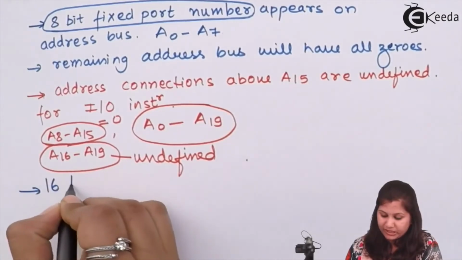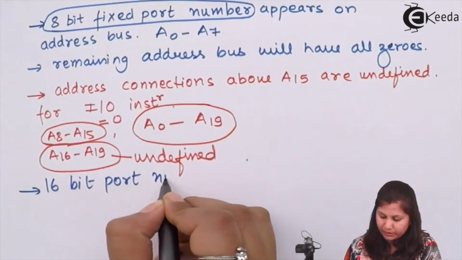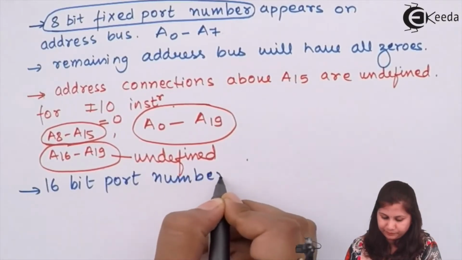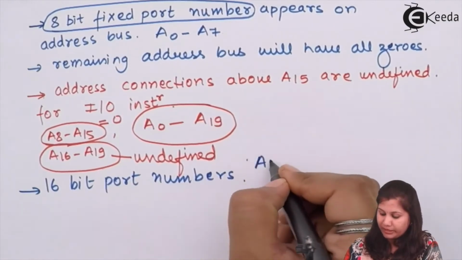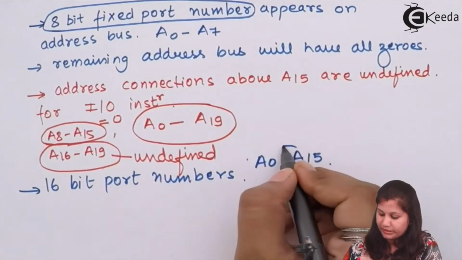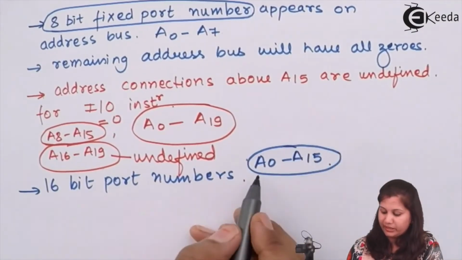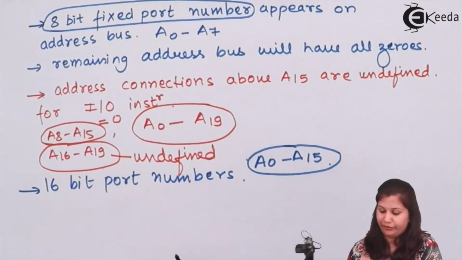If we are using 16-bit port numbers, then this 16-bit address will appear at A0 to A15. These address lines will be used, and the remaining address lines A16 to A19 will be undefined.